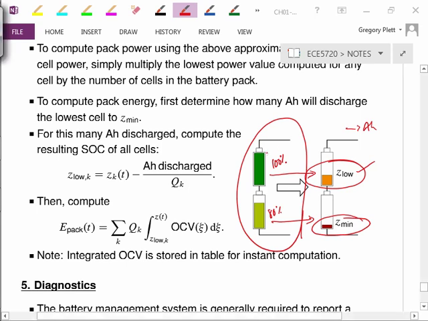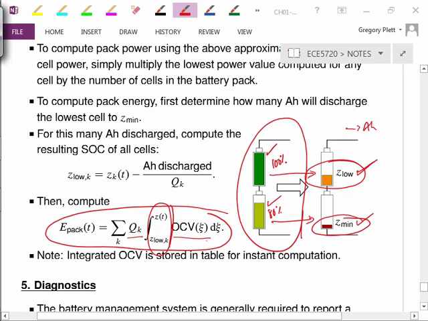So I know the initial state of charge, I know the final state of charge for every cell in the pack. And then the pack energy is simply the sum of the energies delivered by each cell. So it's the sum of the capacity of each cell. The cell capacities may be different. The operational range of each cell, I go from z-low to the present z, of the OCV curve.